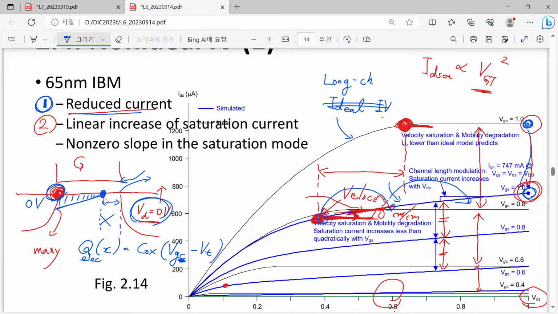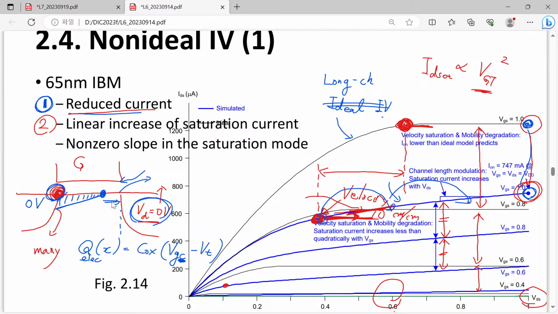Although the number of electrons is extremely small, they can move quite fast in this region. So that's the reason why, compared with our previous low gate bias case, we can still have current conduction.